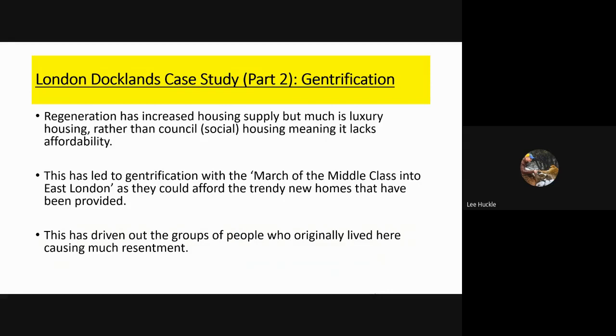It's led to gentrification, and they called it the march of the middle class into East London. They could afford these trendy new apartments, but the poorer communities couldn't. So they were forced out. And it drove groups of people who originally lived there out of an area, causing conflict, tension, resentment, and so on.